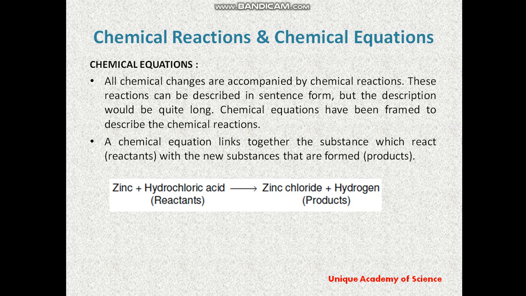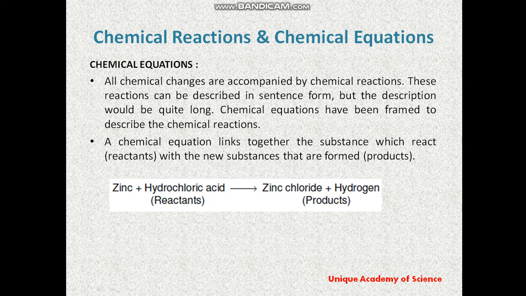For example, when zinc metal reacts with hydrochloric acid, it produces zinc chloride and hydrogen gas. So here zinc and hydrochloric acid are the reactants, and zinc chloride and hydrogen are the products.